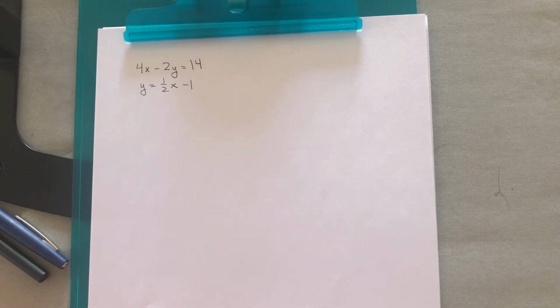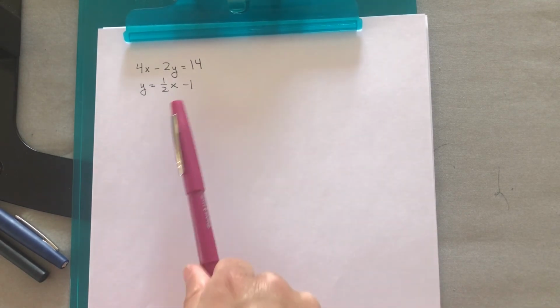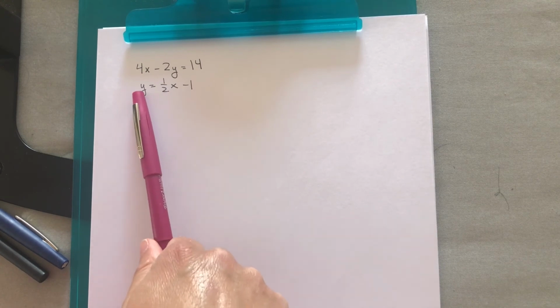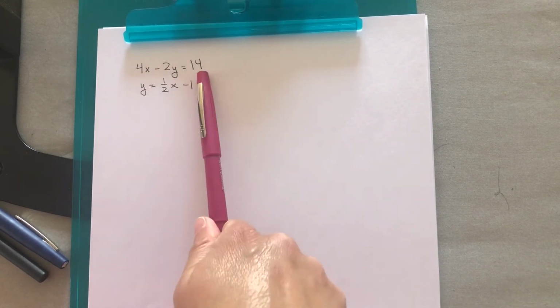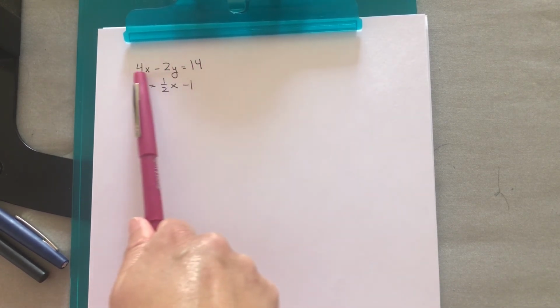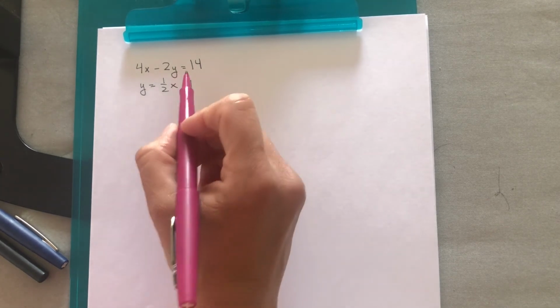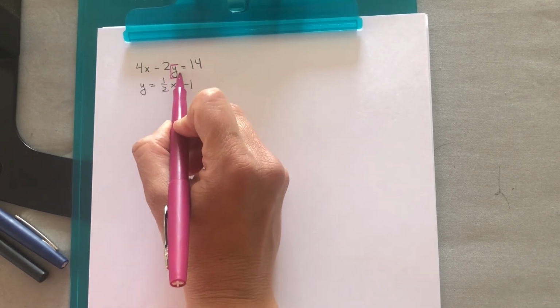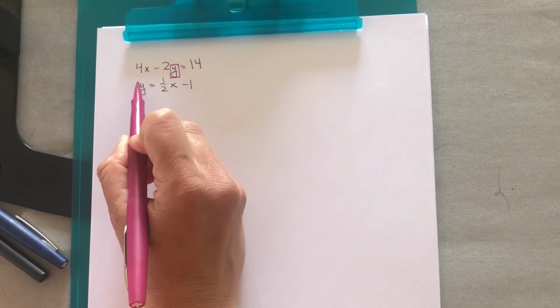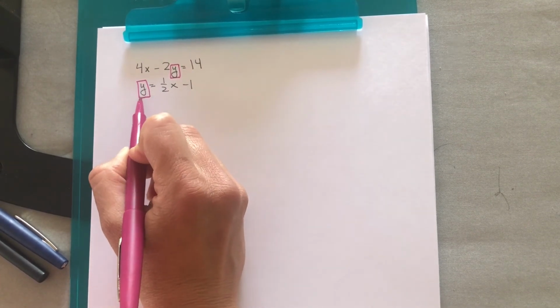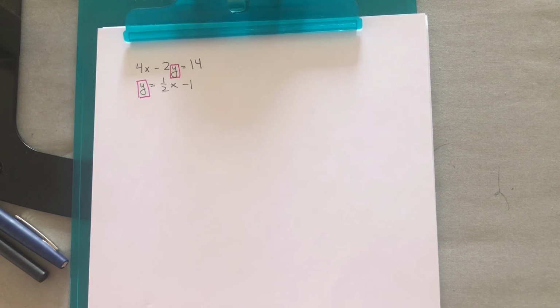And finally, sometimes we have a situation where we have one equation in slope-intercept form, another that is not, but it's going to be multiple steps to try to rearrange this into slope-intercept form. So a more efficient method might be to substitute this y value for this y value to give ourselves an equation with one variable.